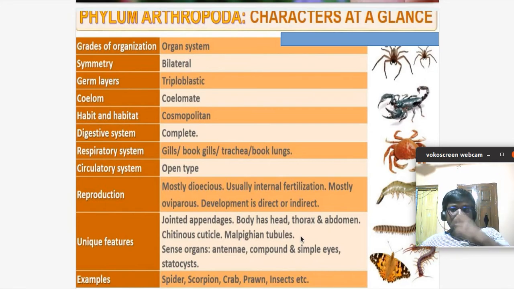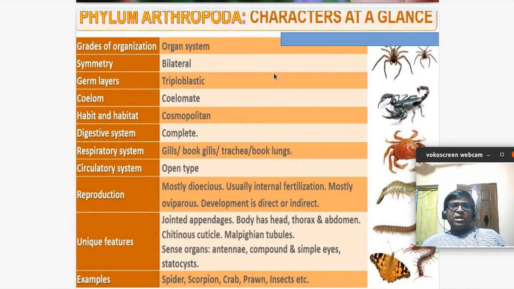Some of the insects like housefly, you might have watched that movie, Eega, where you see that they have a large number of small eye parts. Each part will have a fragment of the image. So that is the compound eye. Ommatidia we call it. They also have balancing organs called statocysts. So these are all the unique features that you notice in case of this phylum Arthropoda.